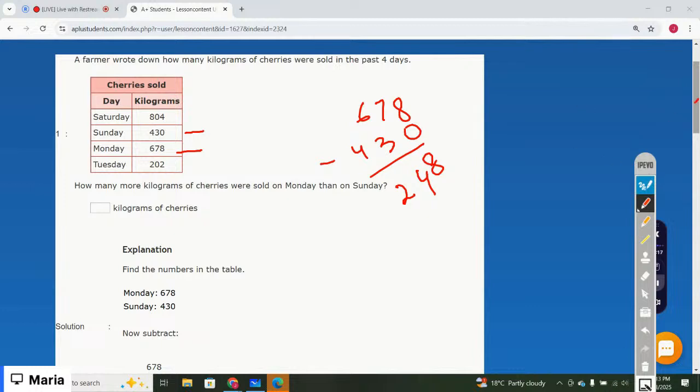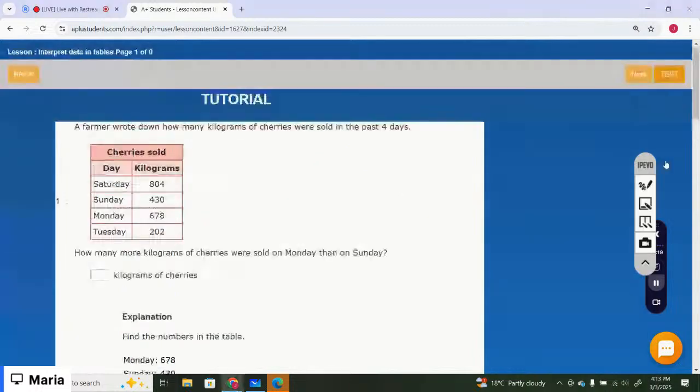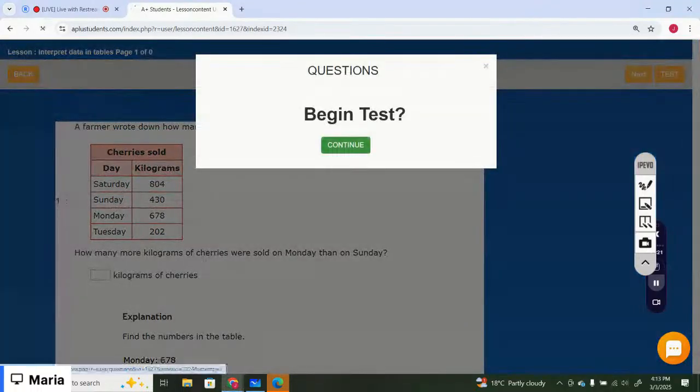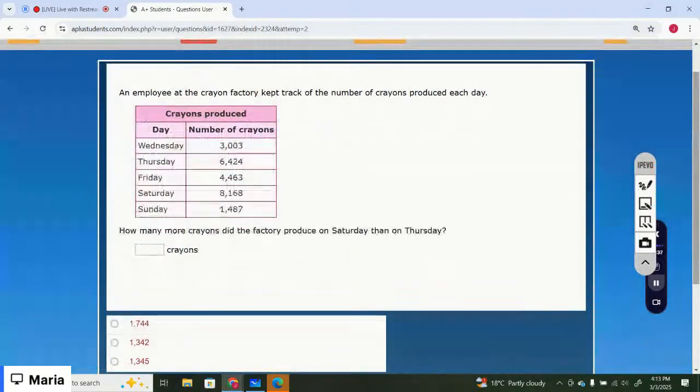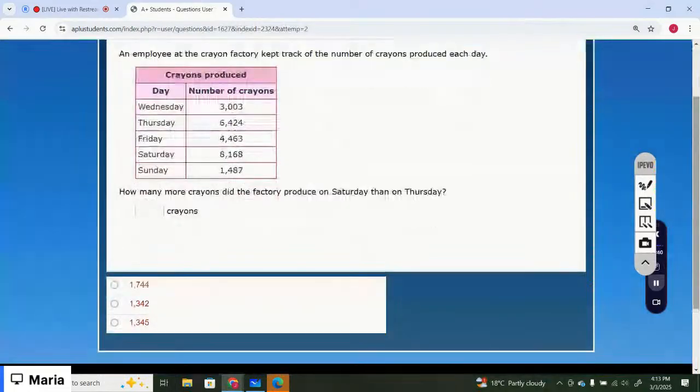Okay, let's start with the test questions. Basically, we're going to learn how to read data from tables, right? An employee at the crayon factory kept track of the numbers of crayons produced each day. How many more crayons did the factory produce on Saturday than on Thursday? That means they produced more on Saturday.